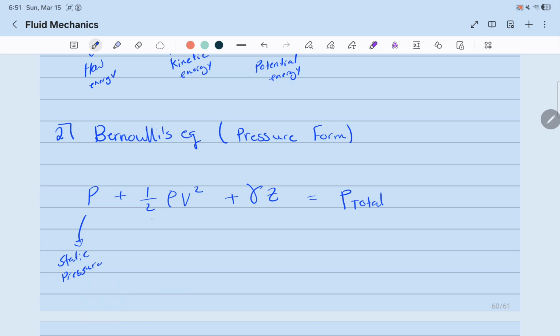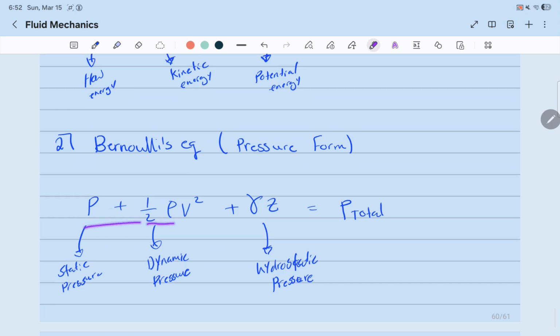The second term is the dynamic pressure, and the third is hydrostatic pressure.